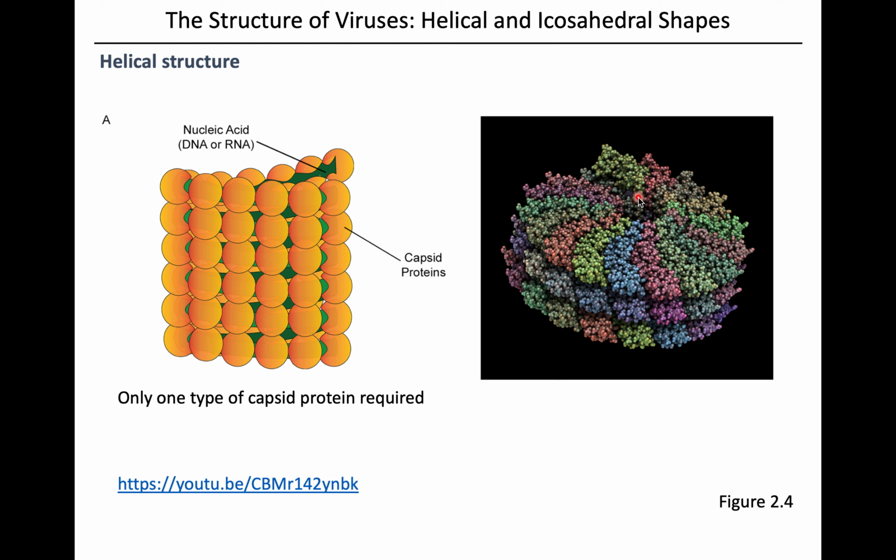If you're interested in seeing this in more detail, I've got a link to a YouTube video here that shows very high resolution 3D modeling of tobacco mosaic virus helical virions, and you can see it rotating around. It's pretty impressive and cool to look at.